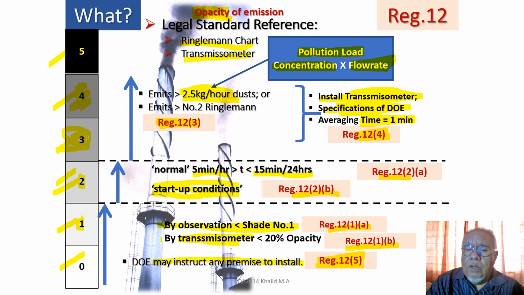Notice under regulation 12 subclause 5: the Director General of Environment hereby requires you to install a transmissometer in your stack number 1, 2, 3 and 4. Failing to do so will lead to judicial action in court. Maximum penalty in court, 100,000 or 5 years in jail.